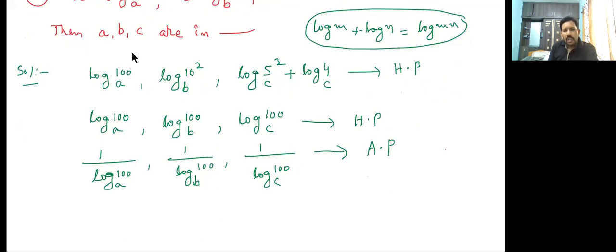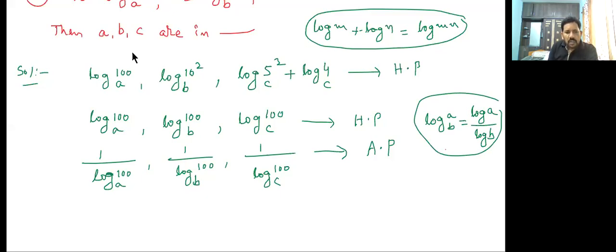Now, what is the log A to the base B formula? That is, we can write log A divided by log B, or not? This is one formula. Use that.